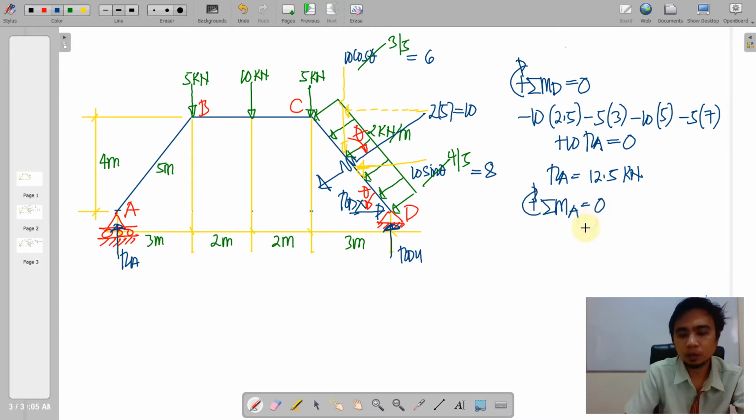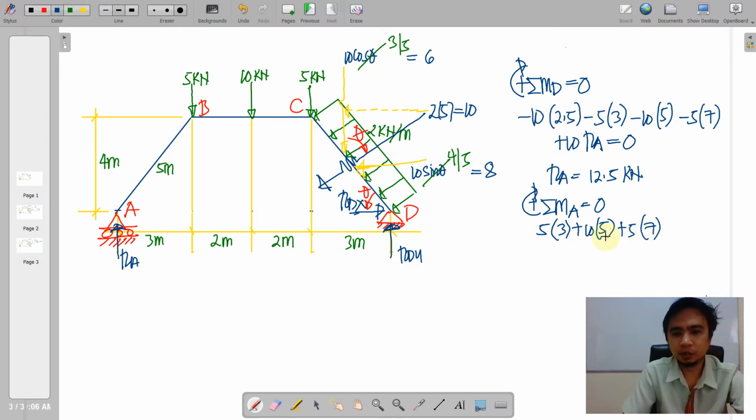So next, we sum up moments at E to solve for the reaction RDY. We have the clockwise 5 times 3, another clockwise 10 times 5, and another 5 by 7. Okay, so this time it is much more feasible to use our components, the yellow forces here.